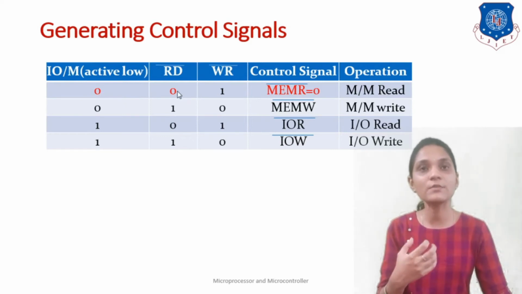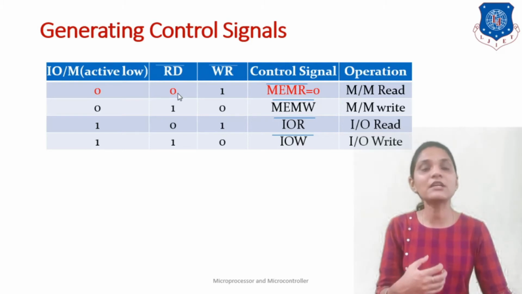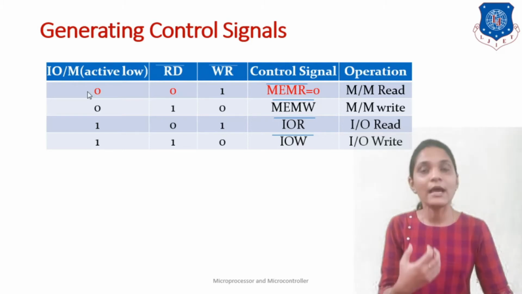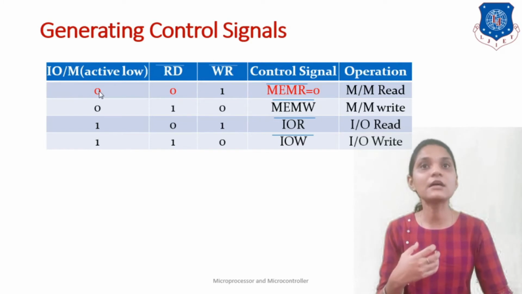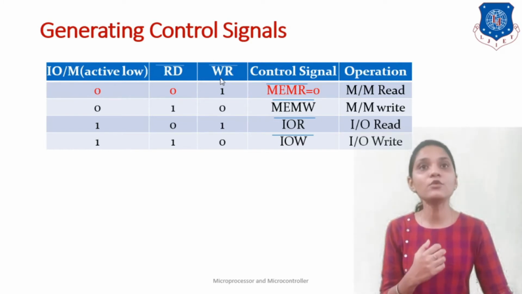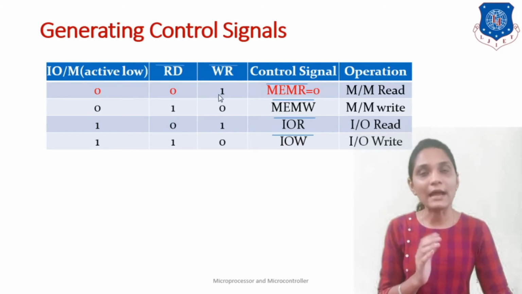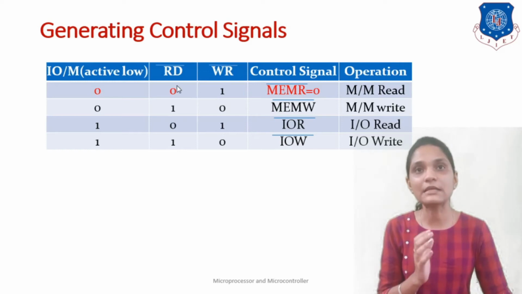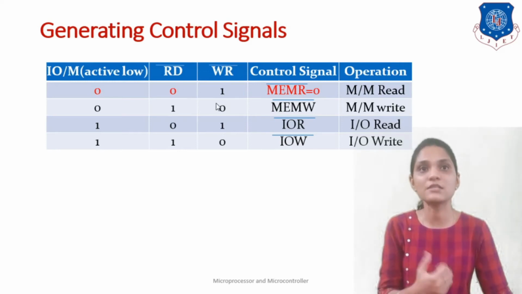RD bar will be activated, and activated means its value will be 0. IO comma M bar is 0, which means it is a memory related task, and WR bar should be 1, that is, you are not doing the writing task. There is no possibility that RD bar and WR bar are both 0 at a time. Both can't be activated at a time.